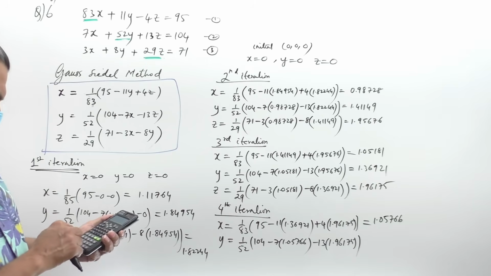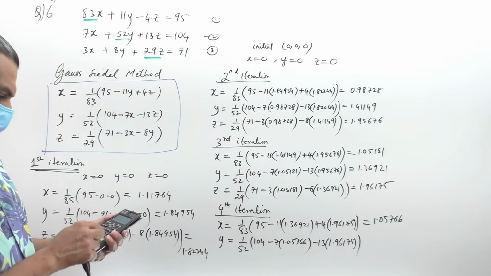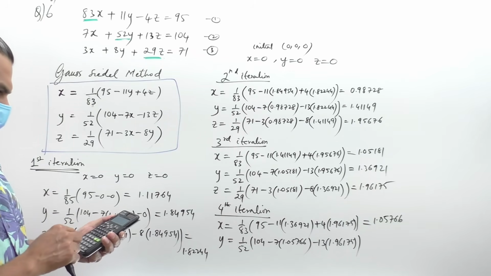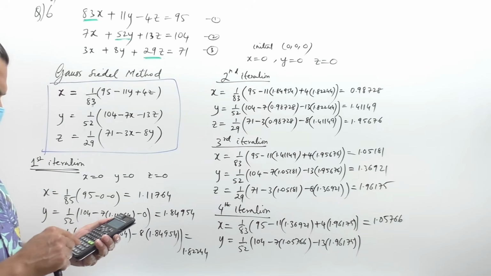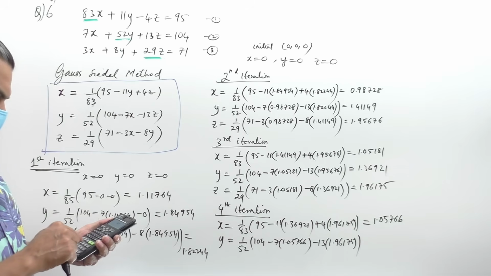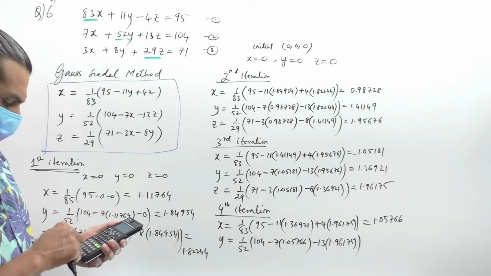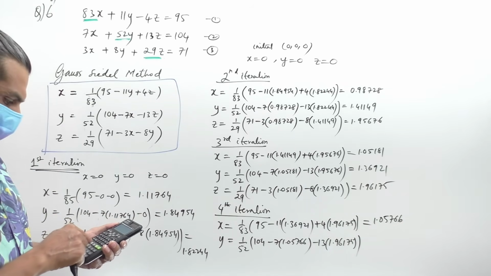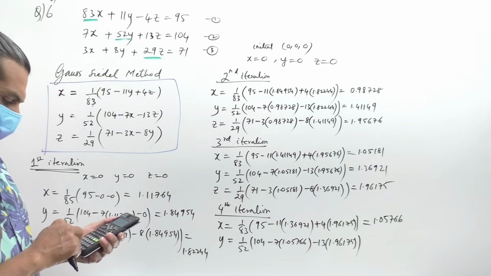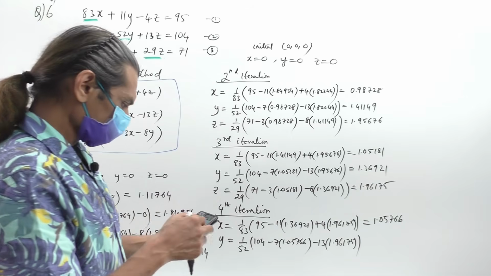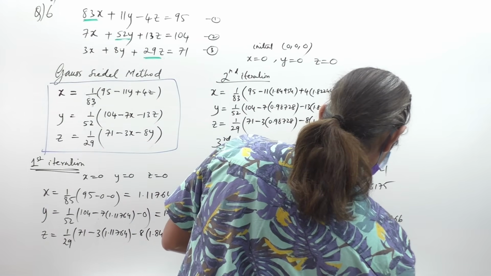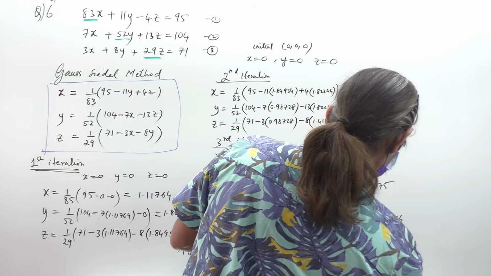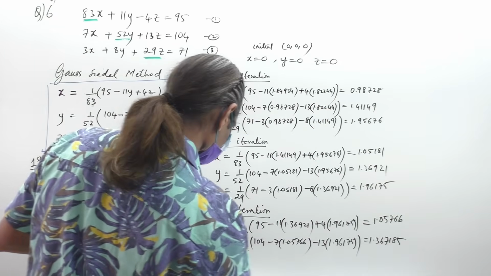So that will be now 104 minus 7 into 1.05766 close minus bracket 13 into 1.96175, divided by 52, equals 1.367185.